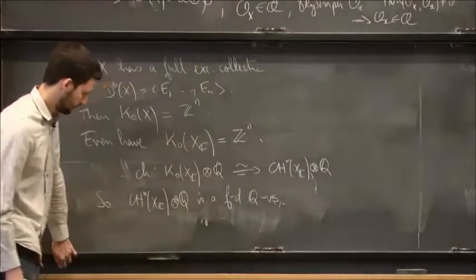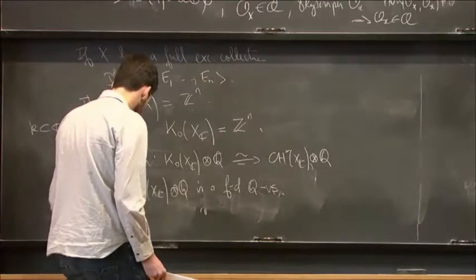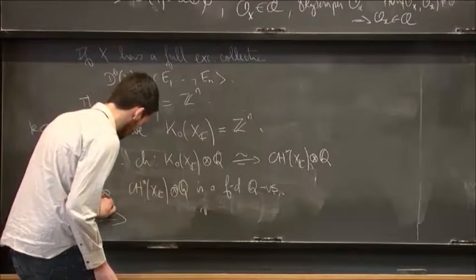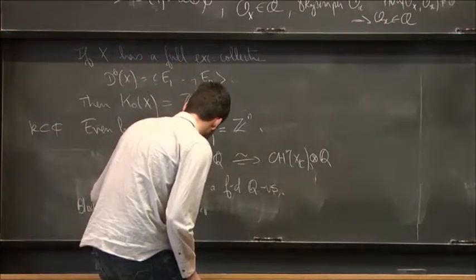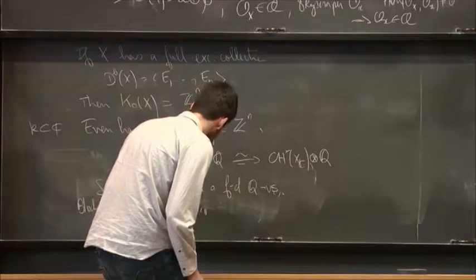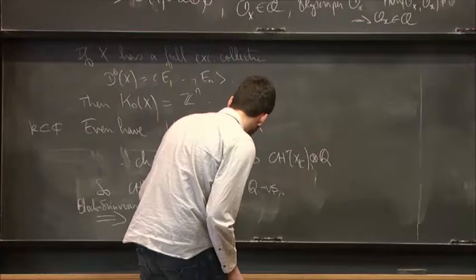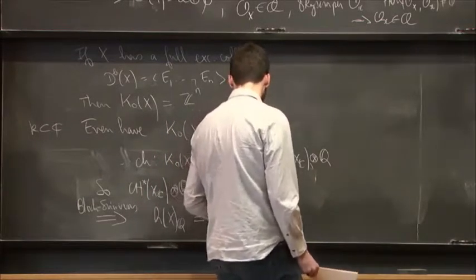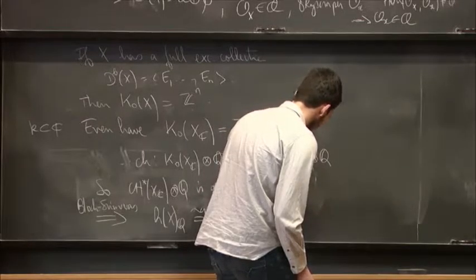Okay. So by the technique of Bloch-Srinivas, we get that the Chow motif of X with rational coefficients is isomorphic to a direct sum of Tate motifs. So Tate motifs are just motifs of points shifted, or twisted, maybe I should say.